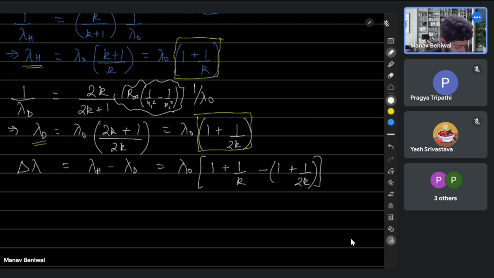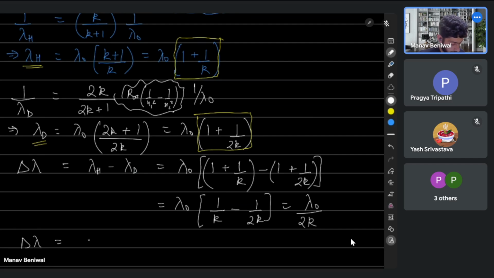Let me know. Okay, if you simplify, the 1 and 1 will cancel, and you will get 1 over k minus 1 over 2k, and this is simply lambda naught over 2k. So your delta lambda is lambda naught over 2k.